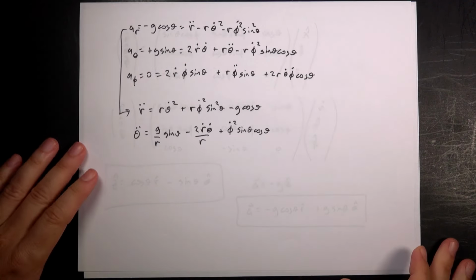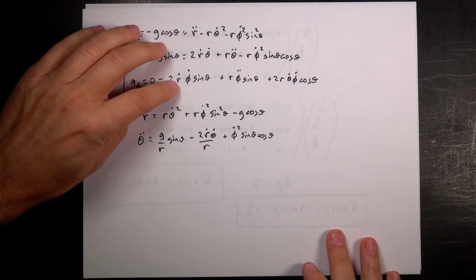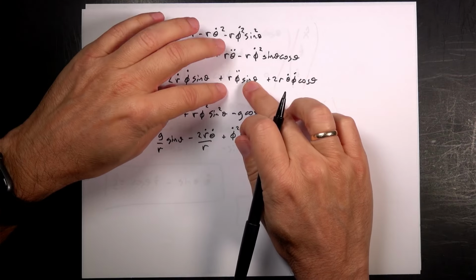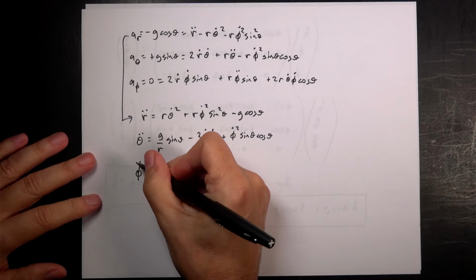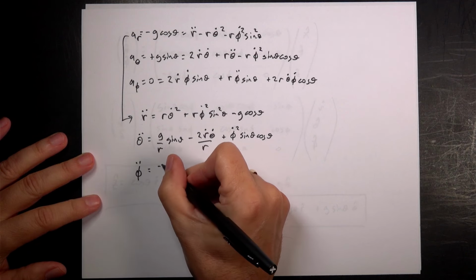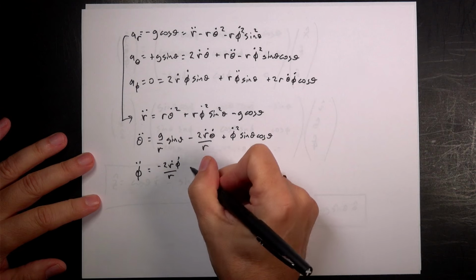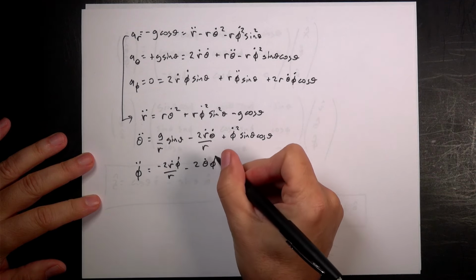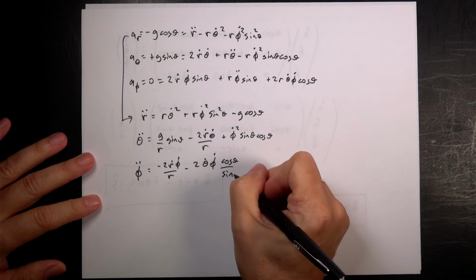The r canceled there, the sine theta canceled there. And then finally I can do the same thing for phi double dot. I'm going to move these 2 terms to the other side and divide by r sine theta, and I get phi double dot equals negative 2 r dot phi dot over r minus 2 theta dot phi dot cosine theta over sine theta.